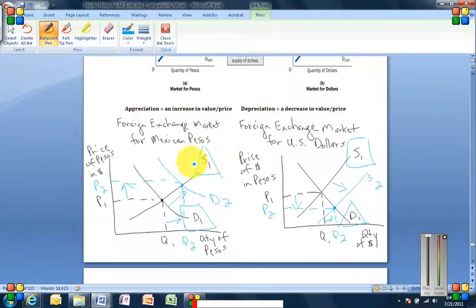And since this curve is attached to this one, when this one moves to the right, the demand for US dollars will also shift right, and the value or the price of the US dollar will increase. It will appreciate. So those are just the basic mechanics of how price, value, in each of two foreign exchange markets affect each other. They're connected.